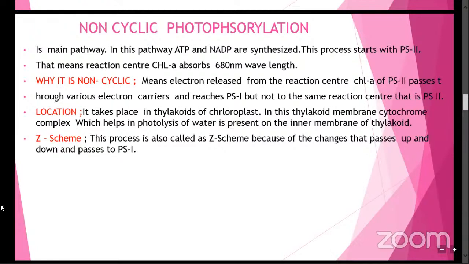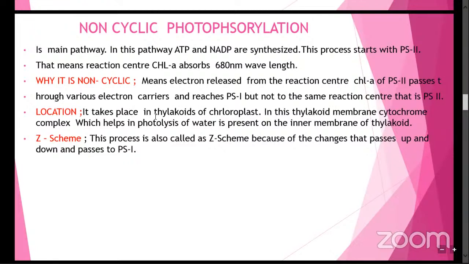There are two important things. Not only this complex, one more NADP reductase enzyme is also there on the outer membrane of a thylakoid. So, two important points in location. Number one is that this non-cyclic photophosphorylation takes place in thylakoids of chloroplast.